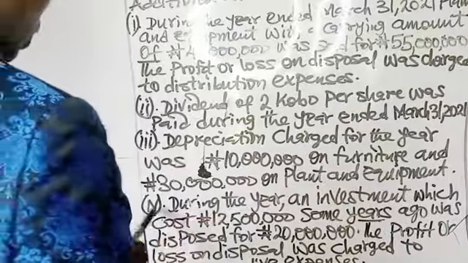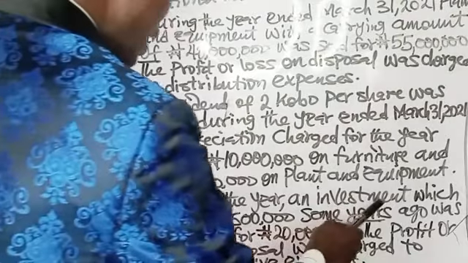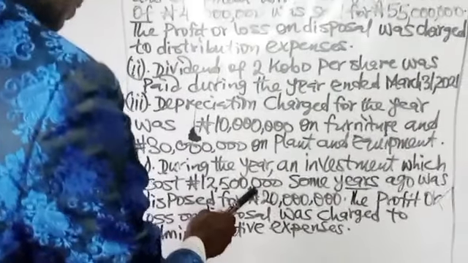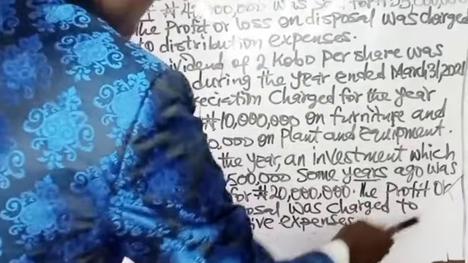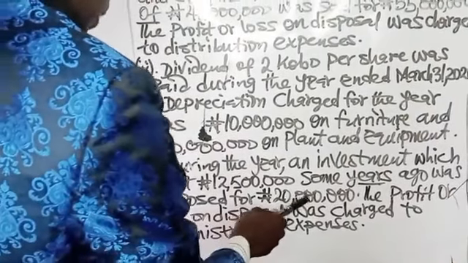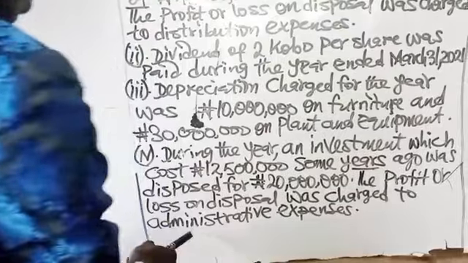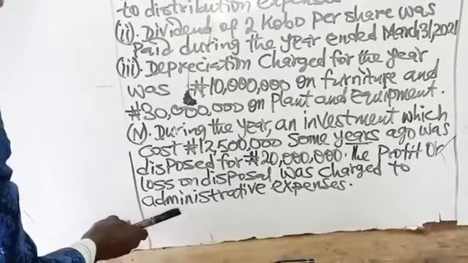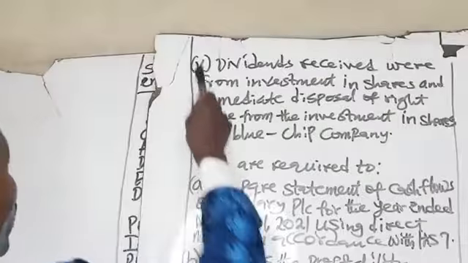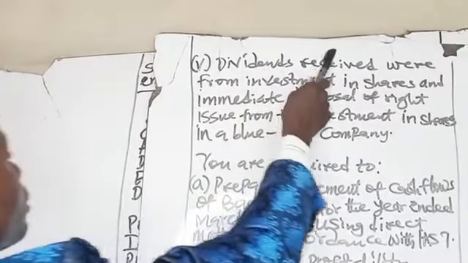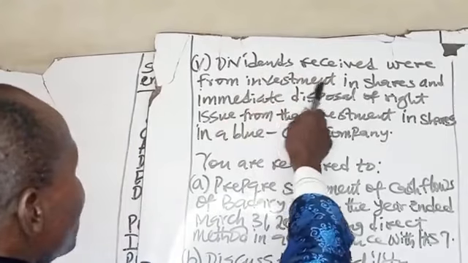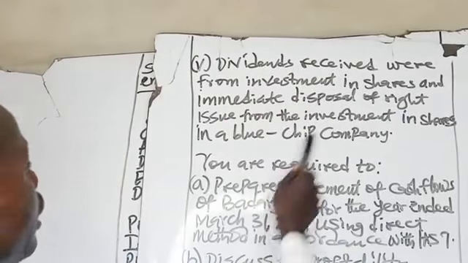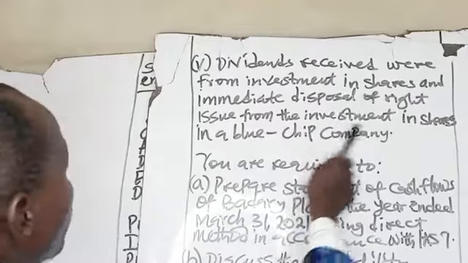Note 4. During the year, an investment which cost 12.5 million naira some years ago was disposed for 20 million naira. The profit or loss on disposal was charged to administrative expenses. Note 5. Dividends received were from investment in shares and immediate disposal of rights issue from the investment in shares in a blue chip company.